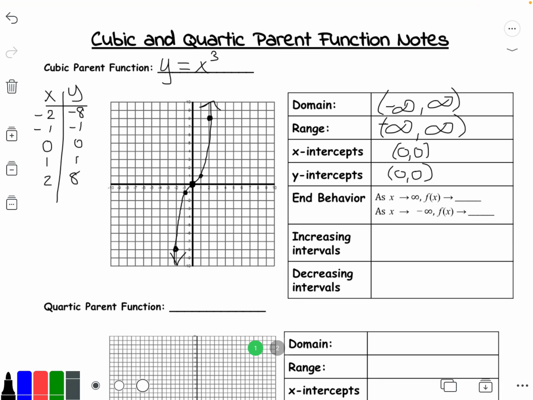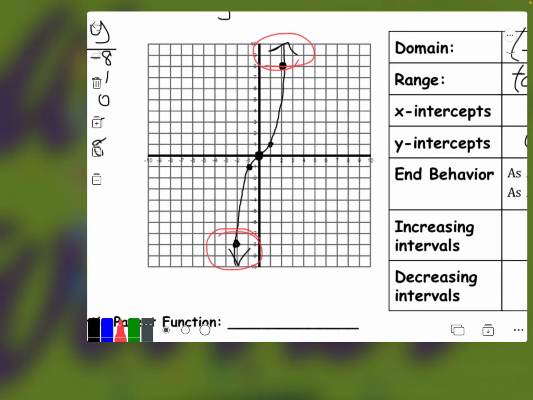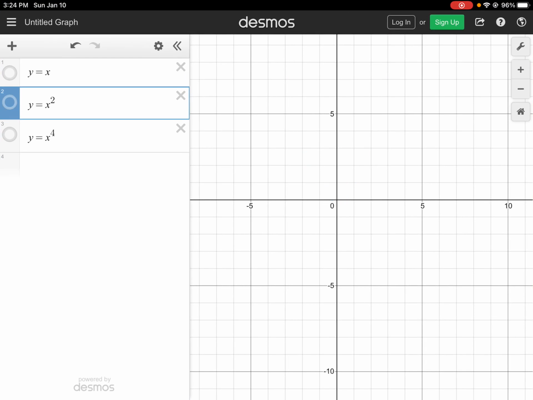Let's look at the end behavior of our cubic function. If we look at our end behavior, down here and up here, that looks really similar to our linear function. If we go back and look at our linear function, it looks very similar.